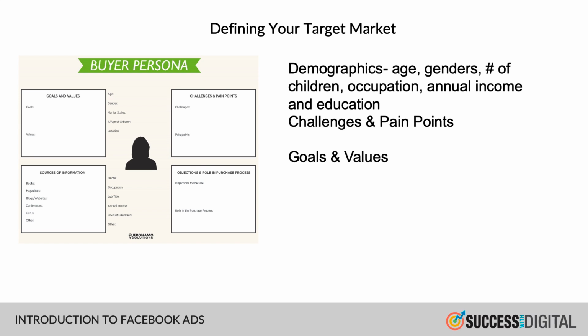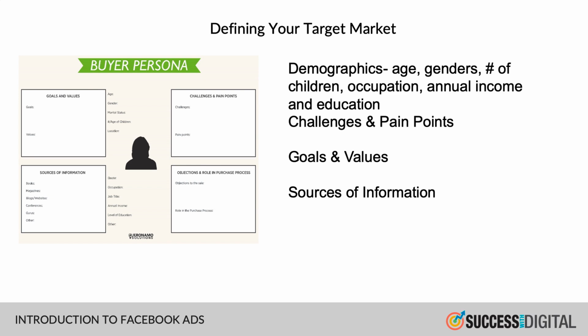If you're a personal trainer and you know that your buyer persona's goal is to strengthen their core, that's something you would want to write down here. Same thing with values. If you know that there is a value that your target audience as a whole believes in, definitely mark that down, because you can align yourself with those values as well.